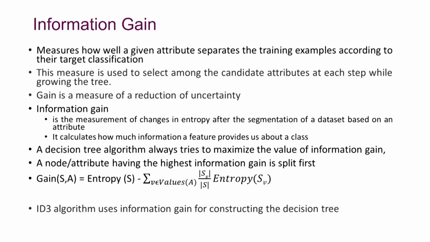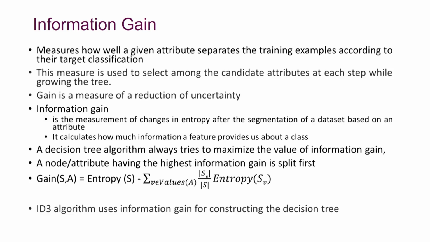So, in this way we will calculate the gain that we are getting if we split node S using attribute A. Basically, the idea is when we split a node with some attribute A, suppose we are getting 3 subnodes.